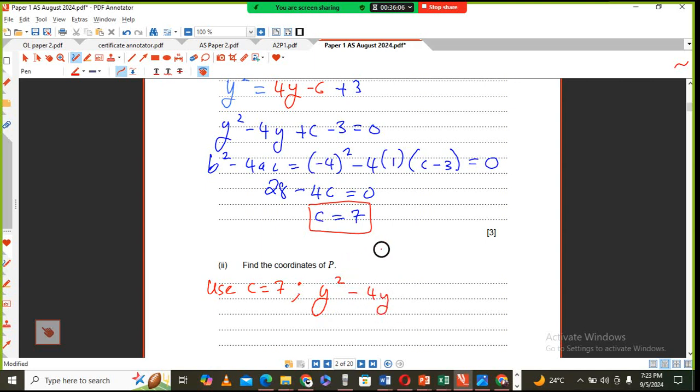Now remember we had a minus c here in the thing. Here y squared minus 4y, so this is what? It's a plus. You follow? So I'll say plus 7 minus 3 equals 0. This cleans up nicely to y squared minus 4y plus 4 equals 0.